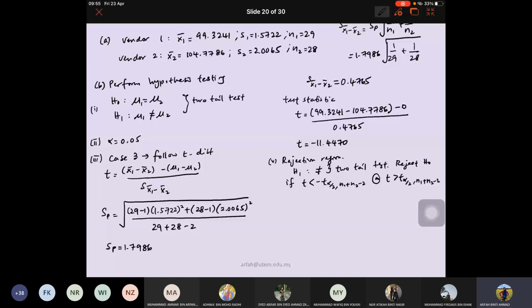Okay. So alpha equals, the question says taking alpha 0.05. So T 0.05 over 2, 29 plus 28 minus 2. So look at the table, T 0.025, 55. So what value do you get for this one?